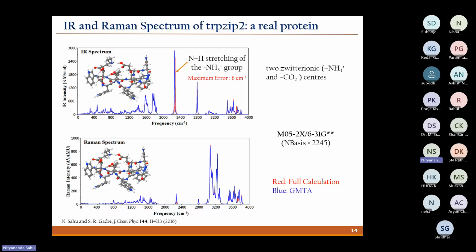The error, which is the maximum error we have found so far, is 8 inverse centimeters. For other people, they might make it 0, but for us, this is very large. It is maybe due to the charge center. Otherwise, all other peaks, including the peak positions as well as the intensities, are well reproduced.